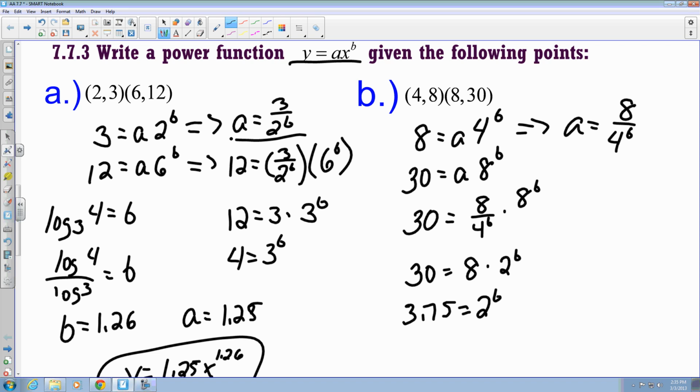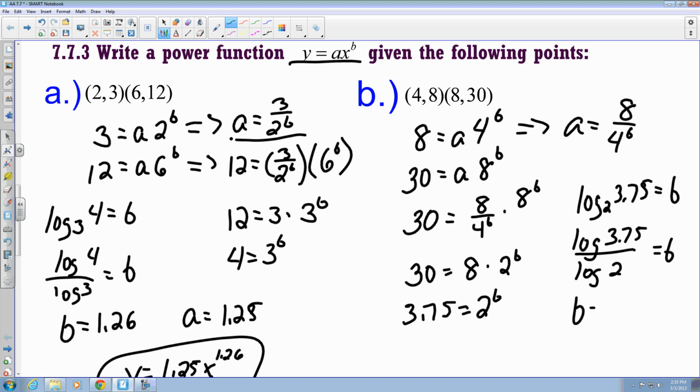I can rewrite this as a logarithm, so I can say log base 2 of 3.75 equals b. I can use the change of base formula, so log 3.75 divided by log of 2 equals b. By punching that in my calculator, I get b equals 1.91.